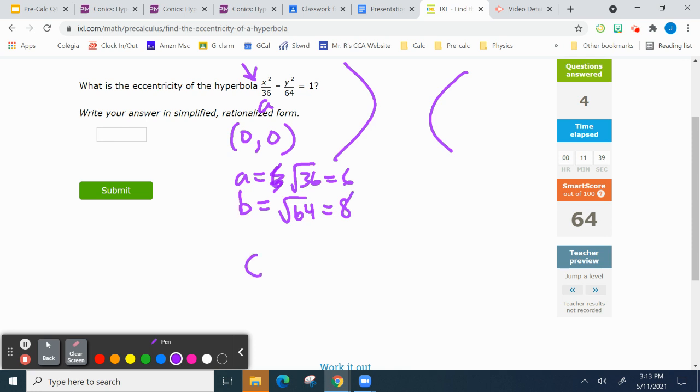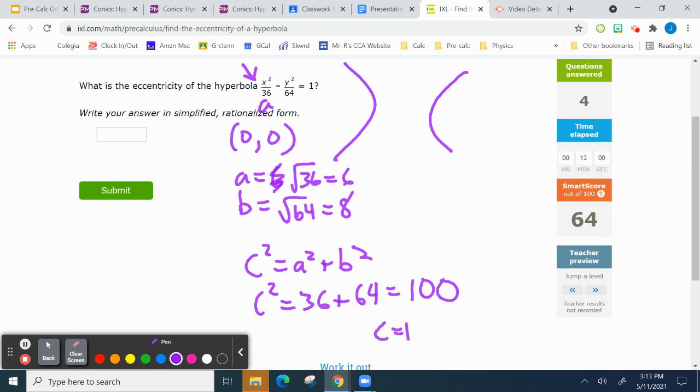Then you got to find c squared equals a squared plus b squared. So c squared equals 36 plus 64 equals what? 36 plus 64 is 100, isn't it? Look at that. So c equals 10.